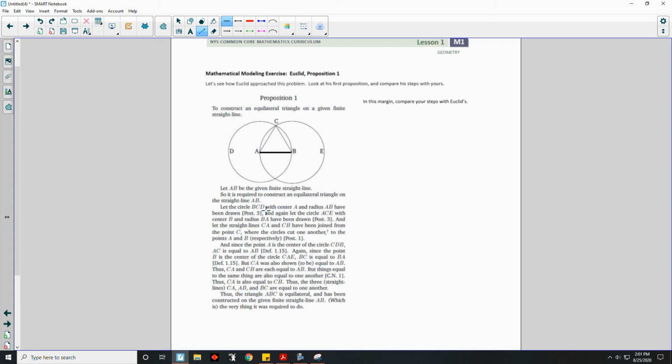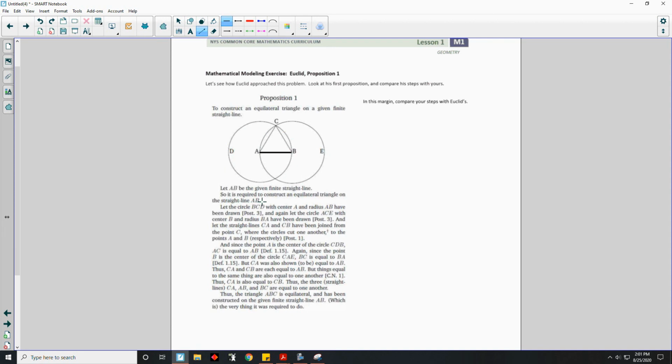Let the circle BCD, so circle, not centered at BCD, I'm sorry, it's actually circle A, but it's naming 3 points on the circle, which is called an arc, naming the circle by going around. If you put your pen down and you went B to C to D, and then back around to B, there's your circle.